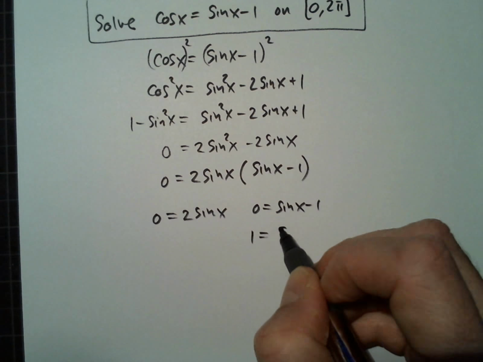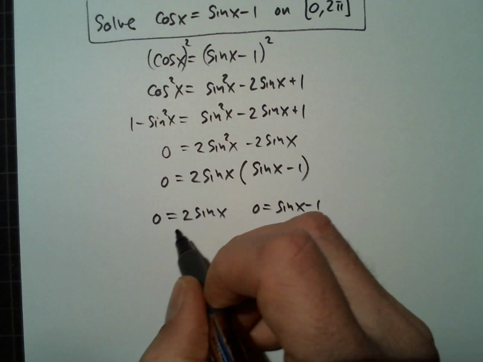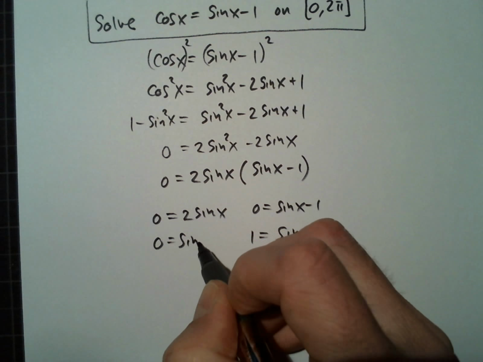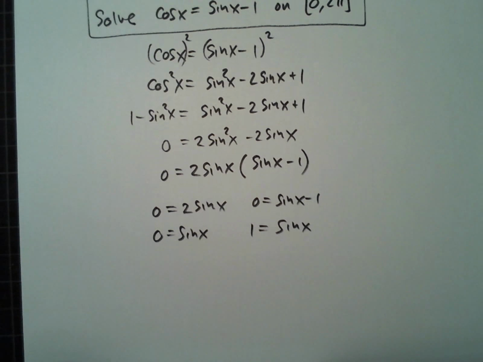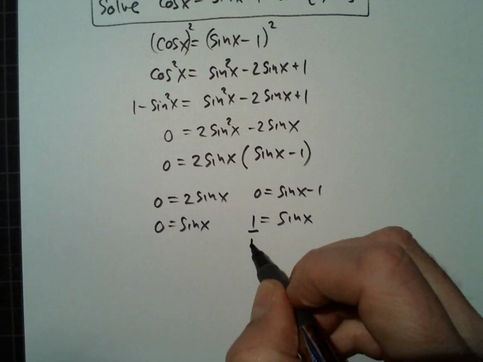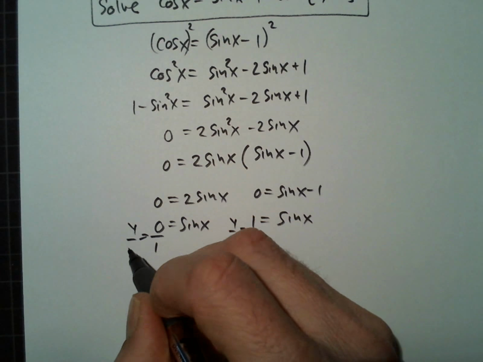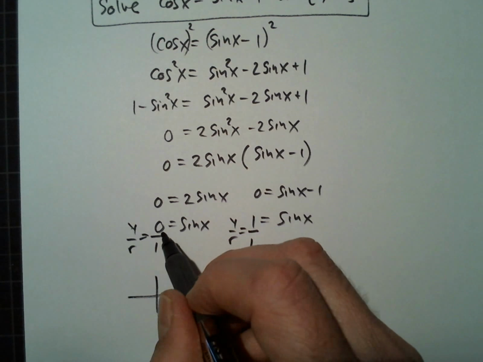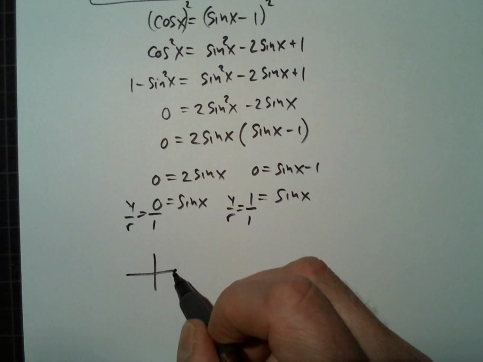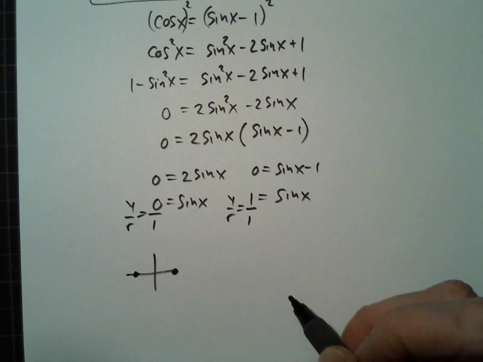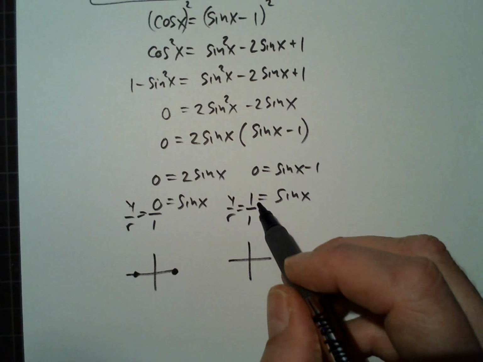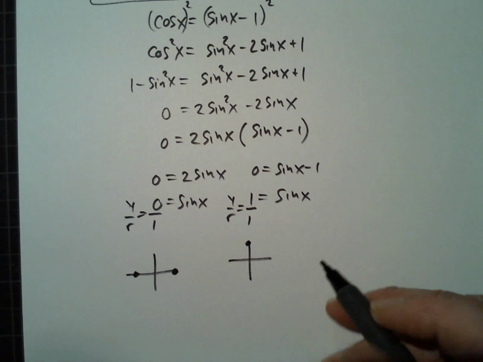Add 1. Divide by 2. And we want y over r. Y is 0. That happens right here or there. Here we have y is 1, r is 1, so that happens there.